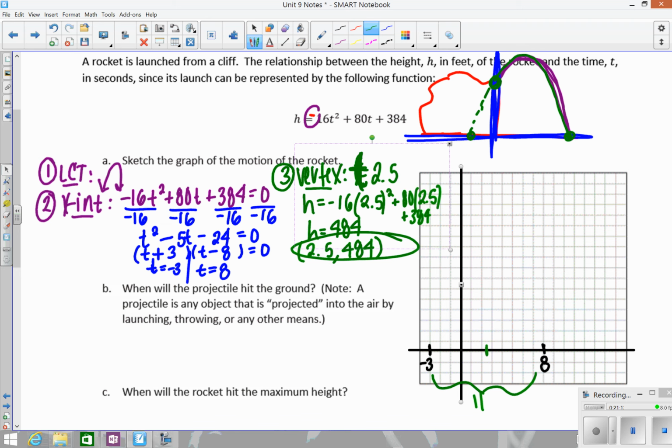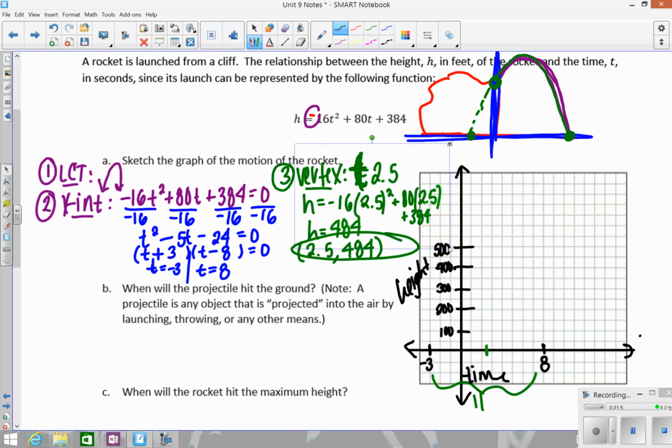So go ahead and plot that. And if you look, I think if we go up by 50, that should be a good scale here. So let's make every 2 boxes 100, because we've got to fit 484. So remember, this is actually going to be height, and this is time down here in seconds.